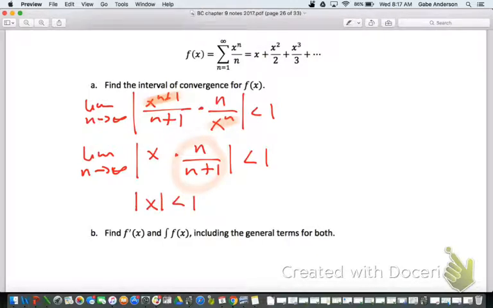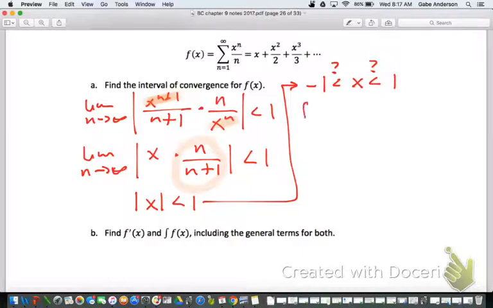And then, continuing on, we would say that our radius of convergence is 1, but our interval of convergence is going to be -1 is less than x, which is less than 1, but we've got to make sure that we understand what's going on at the endpoints.